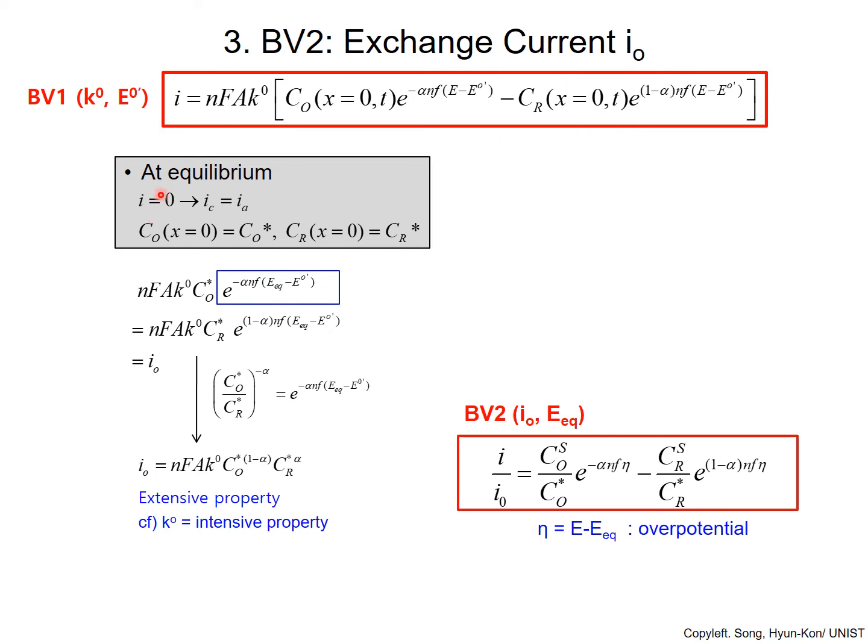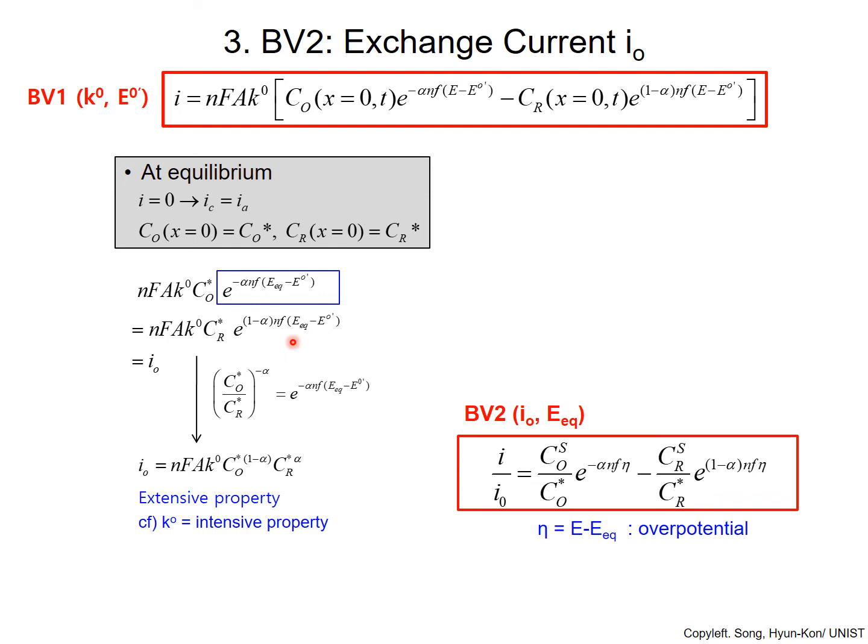Again, at equilibrium, the cathodic current should be the same as the anodic current, and surface concentration is going to the bulk concentration. Here is the cathodic current at equilibrium. Look at that, potential is going to the equilibrium potential with the bulk concentration. And this is the anodic current. Cathodic current and anodic current should be the same at equilibrium.